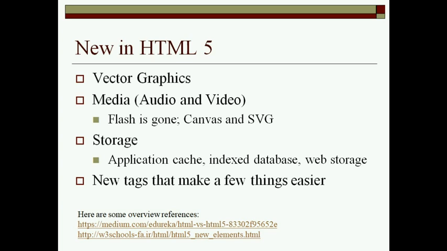You are allowed to use application cache, you can use indexed database, and web storage. There are some tags that make a few things easier, like Canvas, for example. And if you would like to take a look at some references with very good overviews, these links will provide that overview very well, I think.